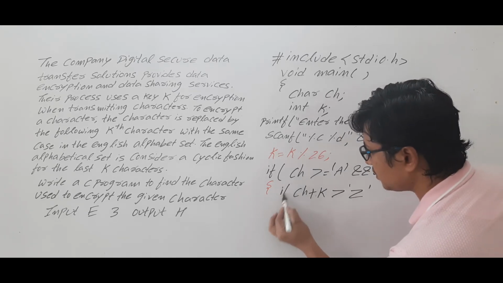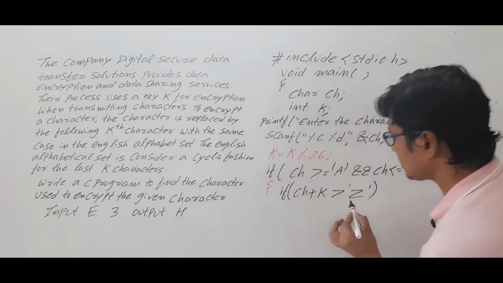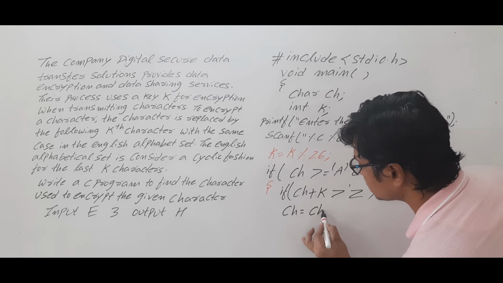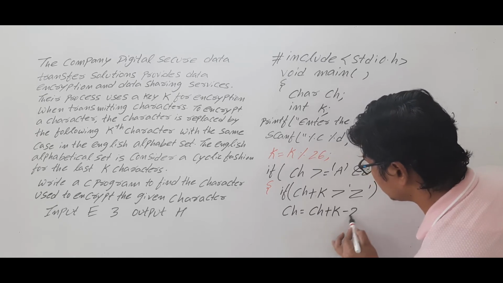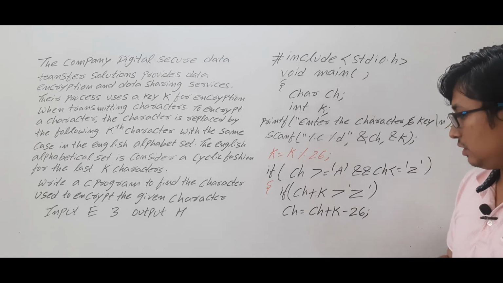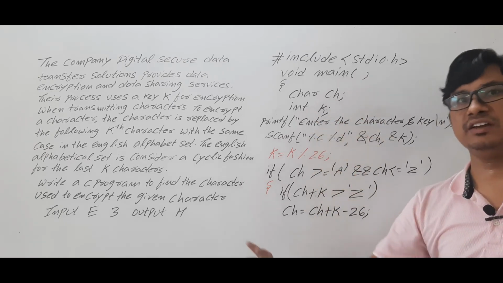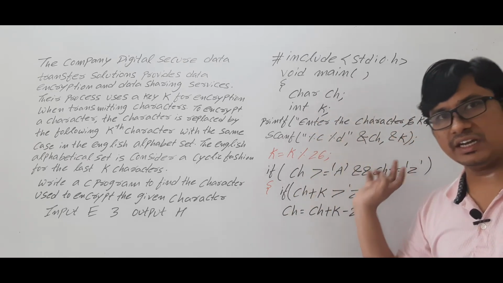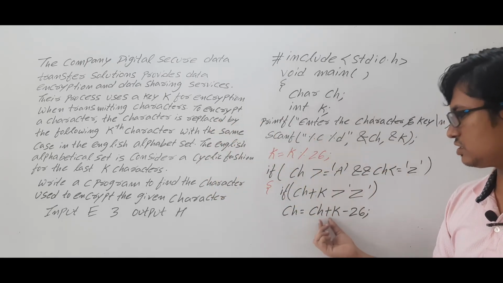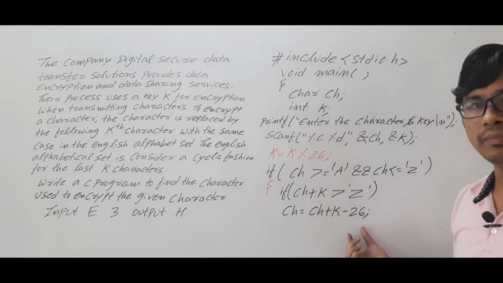So if this condition is true, what do you need to do? ch is equal to ch plus k minus 26. Is it clear? Why am I doing it? You have to go in a cyclic fashion. If it is Z, again you have to go A, B, C like that. So that's why ch is equal to ch plus k minus 26.